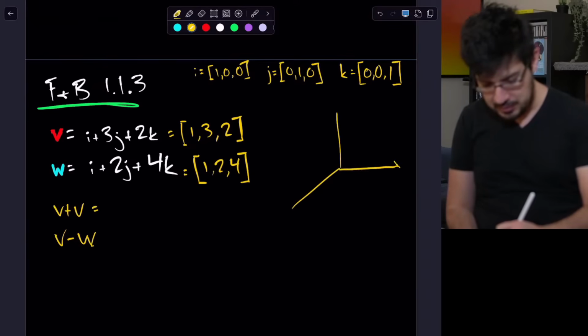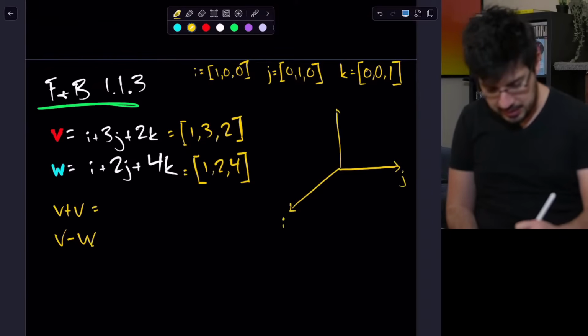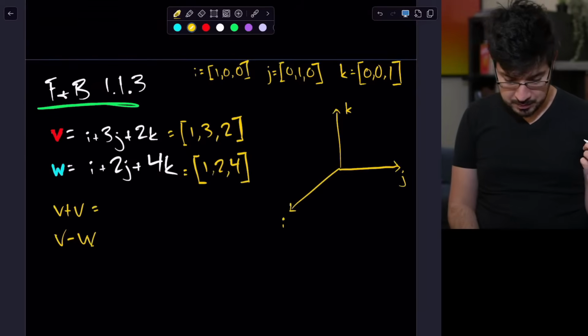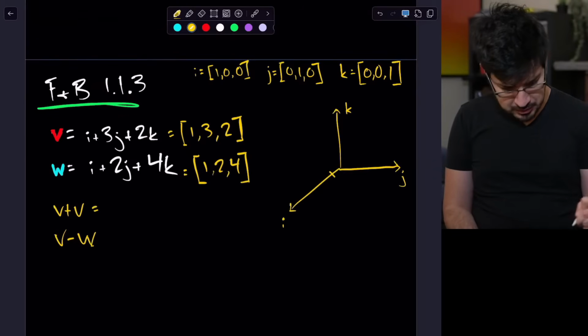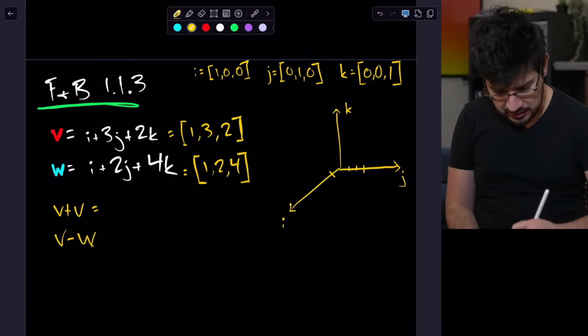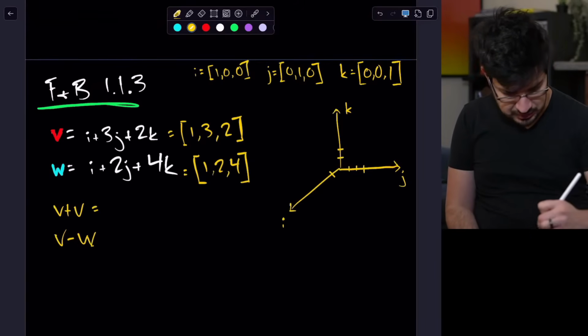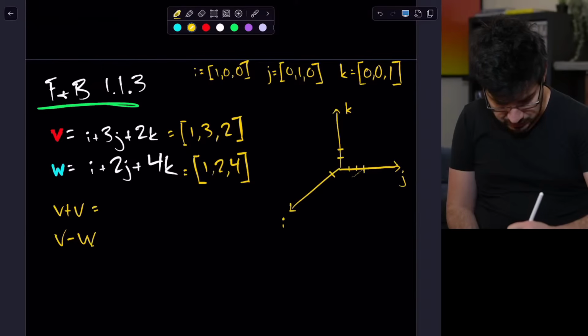So, I'm going to remind myself, but I'm pretty sure the i, j, and k directions, 1, 3, 2, this is like x, y, and z is another way to put this. So you should think of it like, here are those parallel lines.